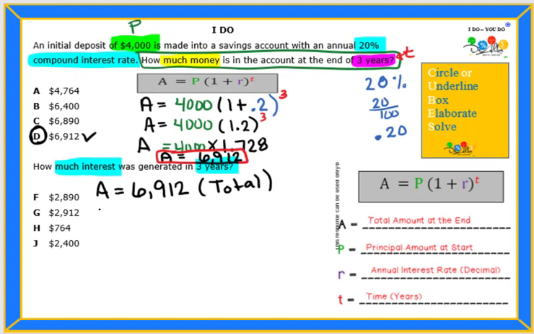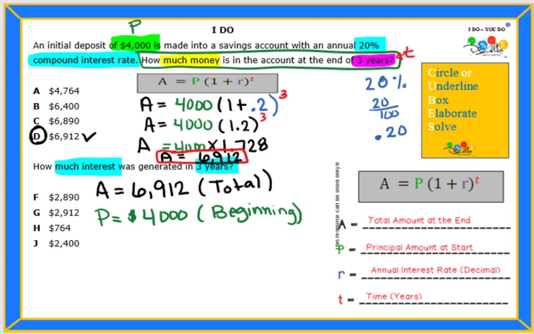We also know that P, the principal, was $4,000. And that was at the beginning. So the interest would be the amount that was added.